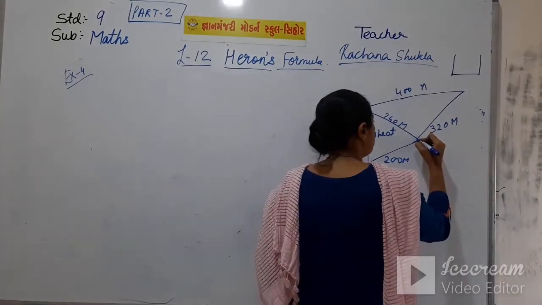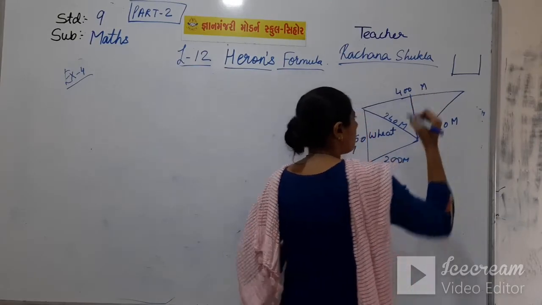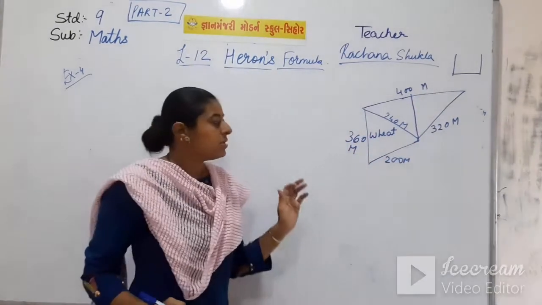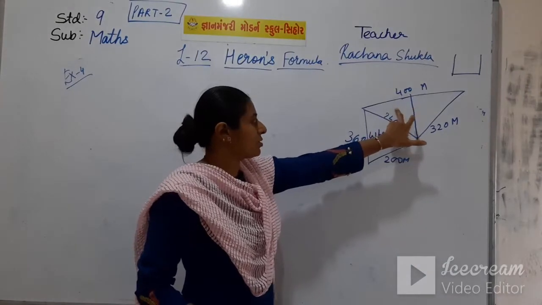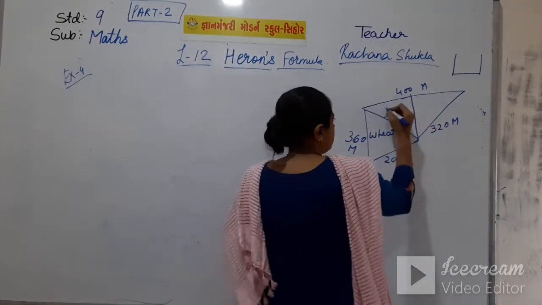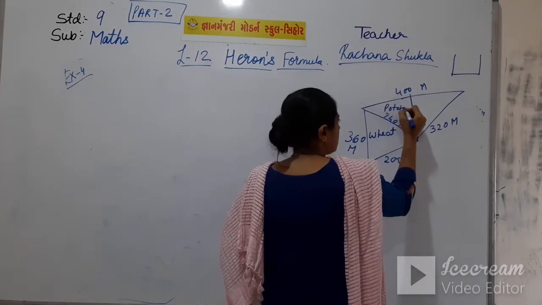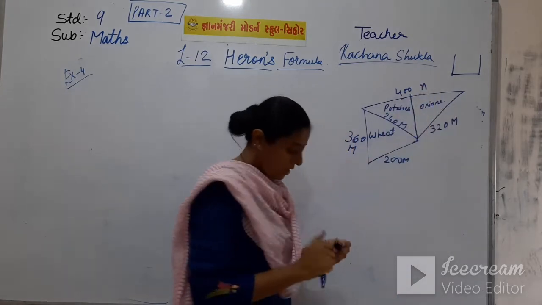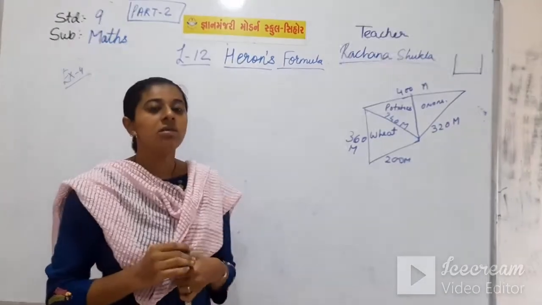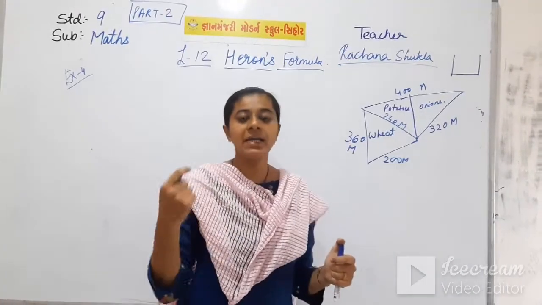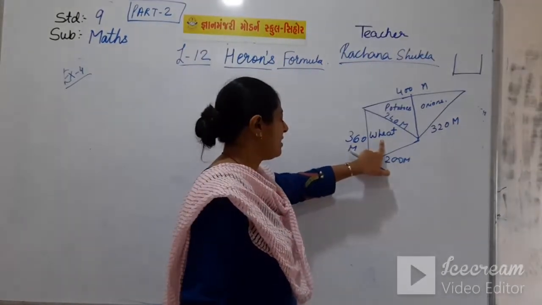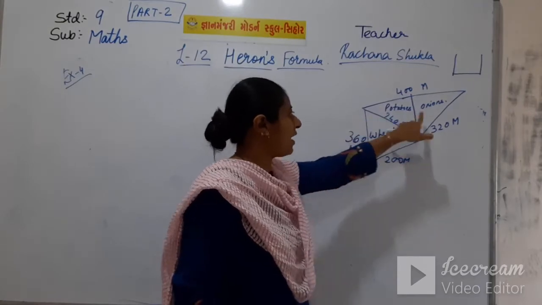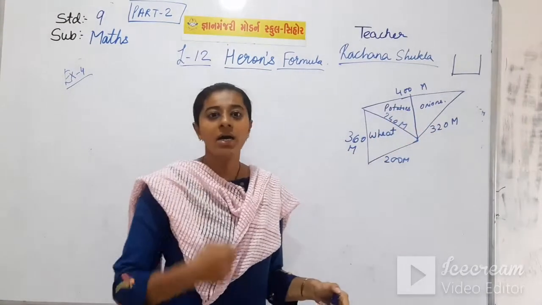Dividing the plot exactly in two parts is like this way. So she grew potatoes here and onions here. You have to find out the area used by Kamala for growing wheat, for growing potatoes and for growing onions.